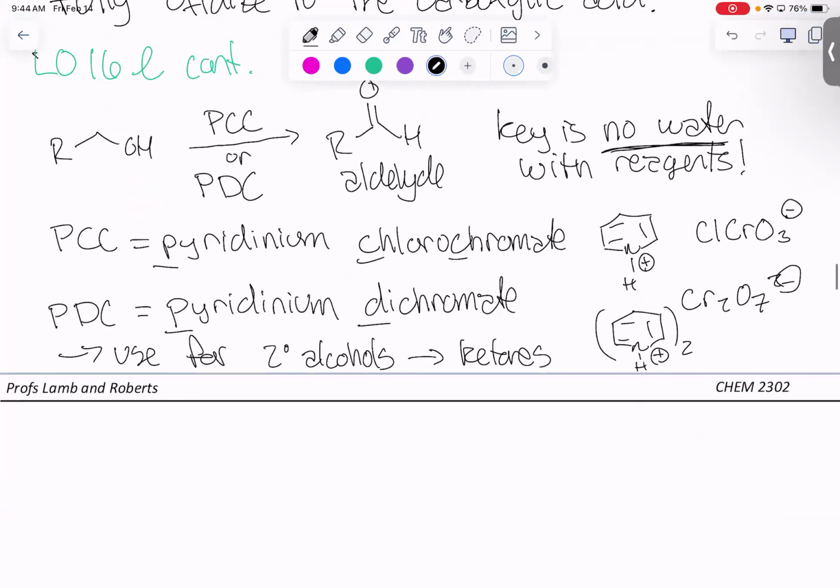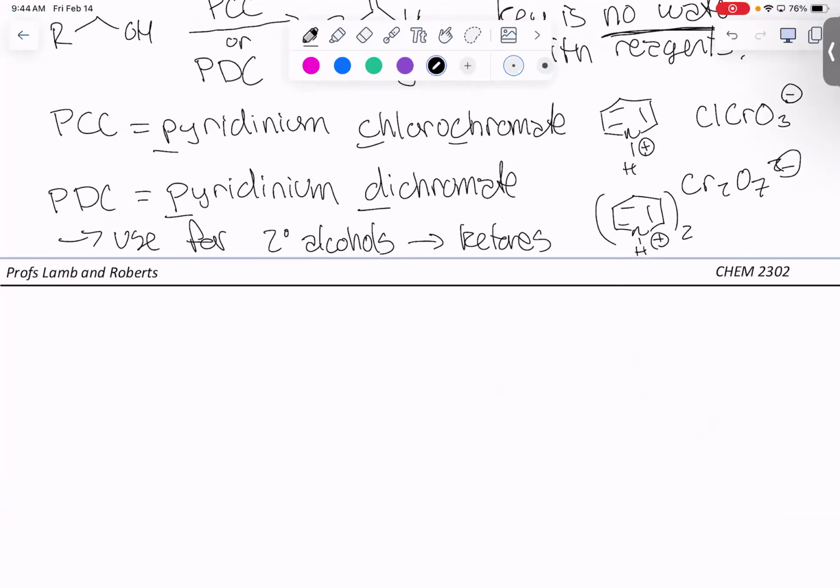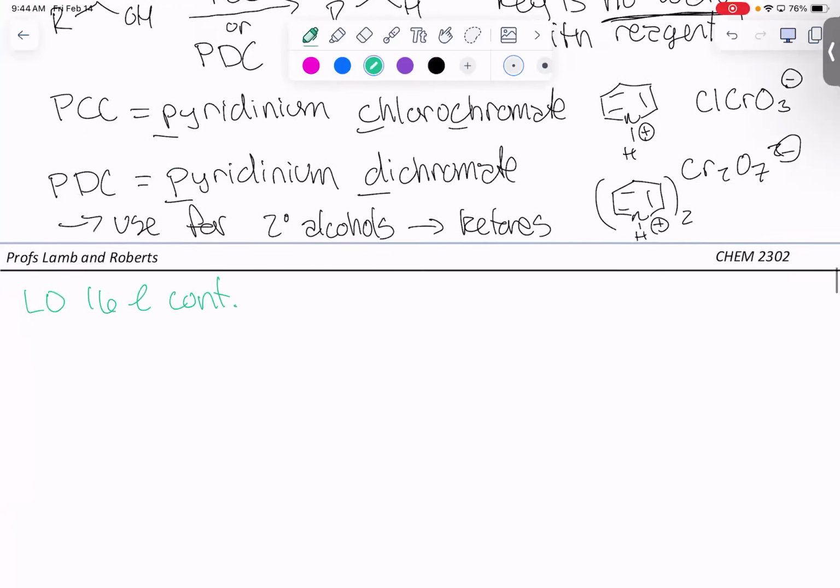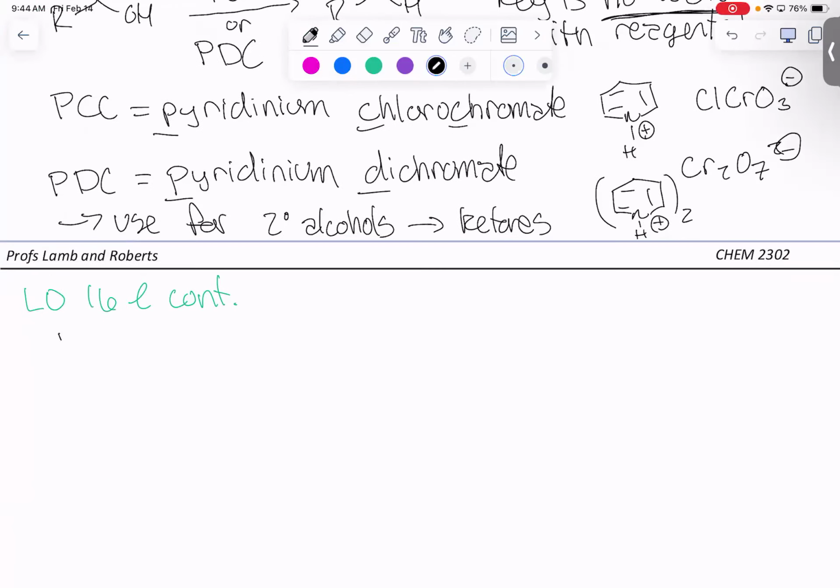All right, so we have a problem with chromium. It's highly, highly, highly toxic. So we're going to continue learning objective 16 L, and I'm going to give you a much greener way to do an oxidation. All right, so chromium is toxic.